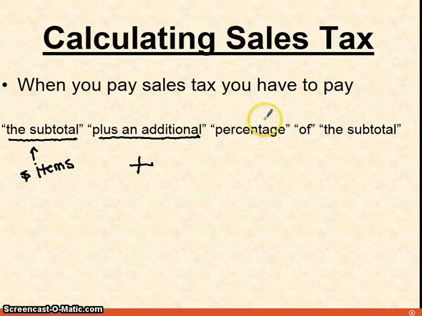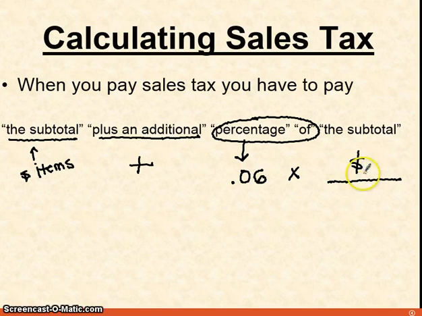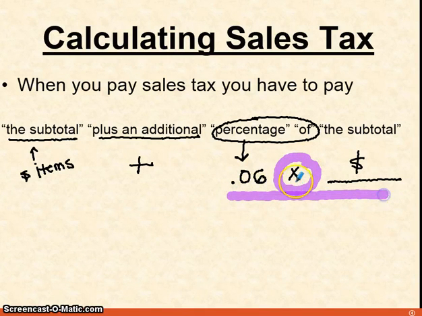A percentage of, we know that percentage of means we're going to take that percent as a decimal, which in this case is 6% in Pennsylvania, 0.06. Of means to multiply that subtotal, how much non-necessary items we need. Now, order of operations says, which one of these operations do we have to do first? Addition or multiplication? So we'll do the multiplication first, and then we'll do our addition.